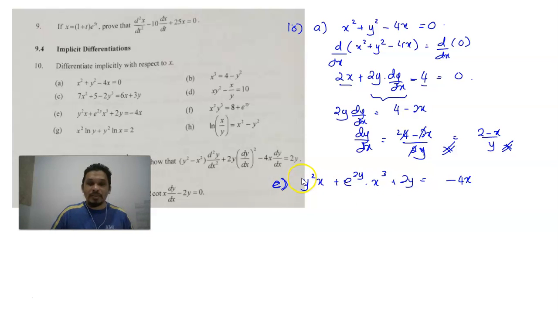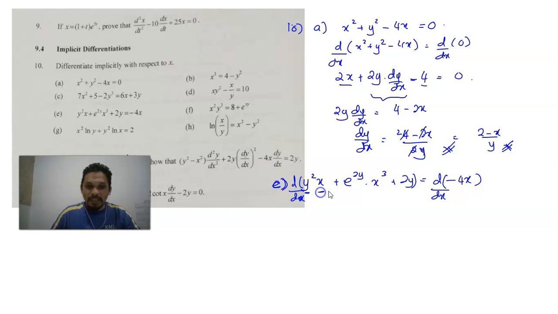Differentiate this with respect to x, and also here with respect to x. Now we solve this slowly, one by one. For y squared times x, there are two terms.